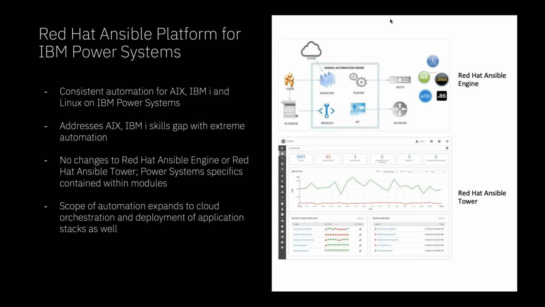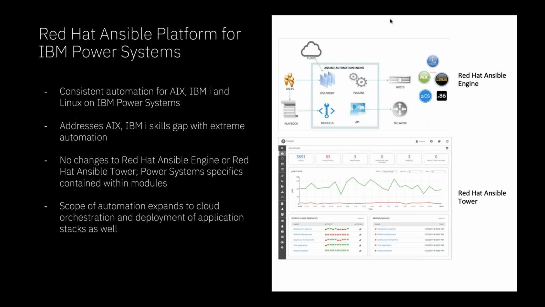So what we've done, as I alluded to earlier, is enable the Ansible platform for Power Systems. And what we were really looking to do when we started out on this journey was enable consistent automation across AIX and IBM i, and even Linux on Power as well.